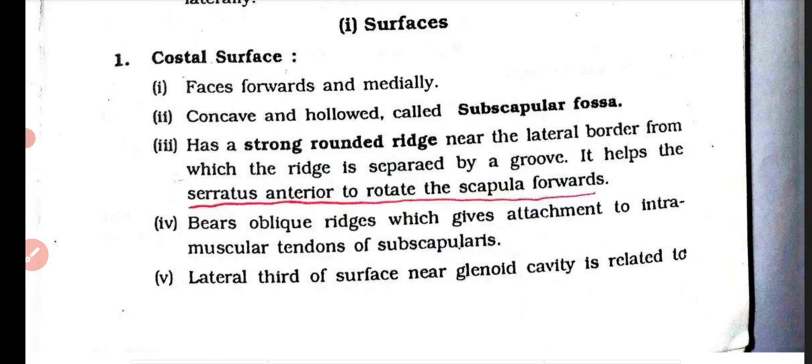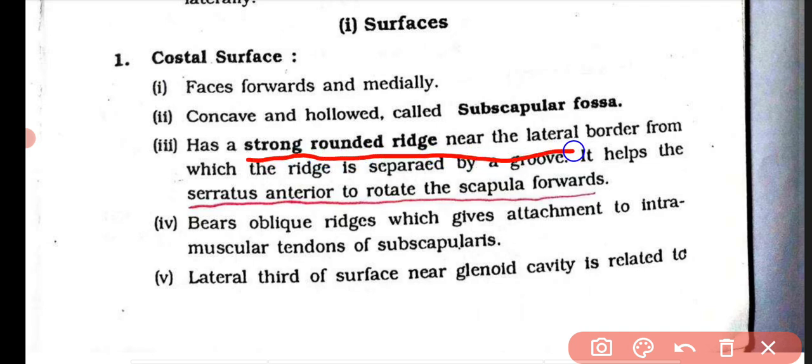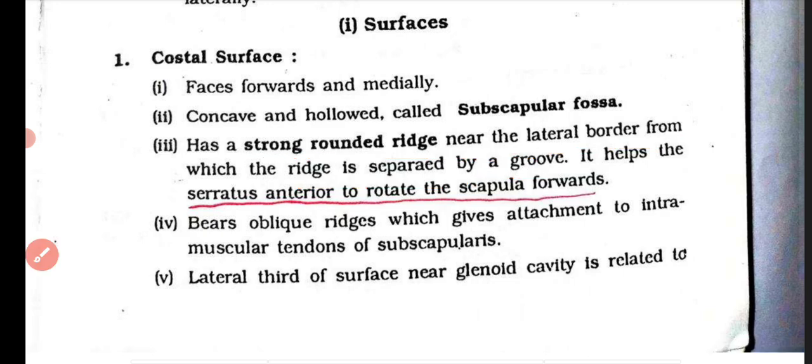And it has a strong rounded ridge near the lateral border, from which the ridge is separated by a groove. It helps the serratus anterior to rotate the scapula forward.